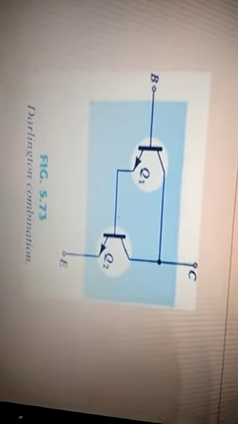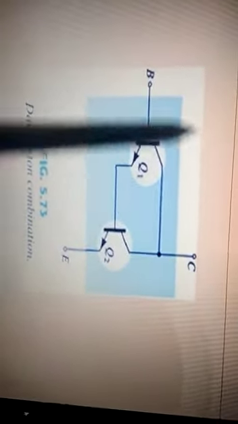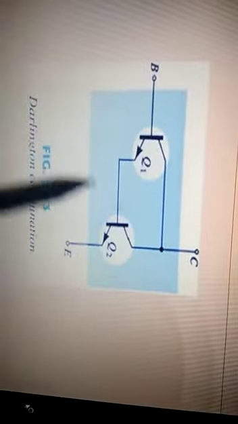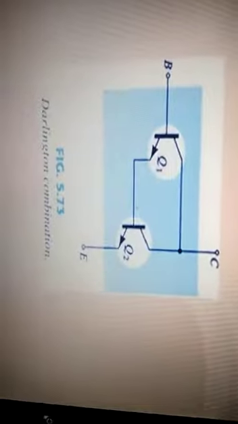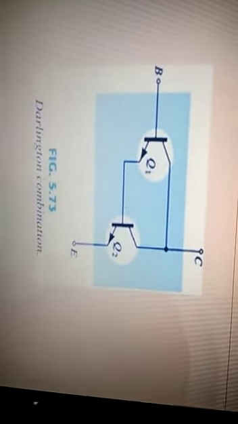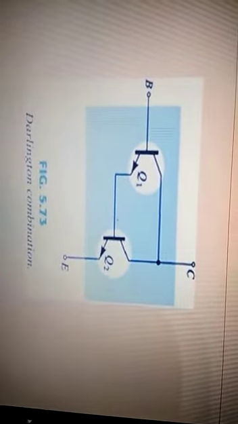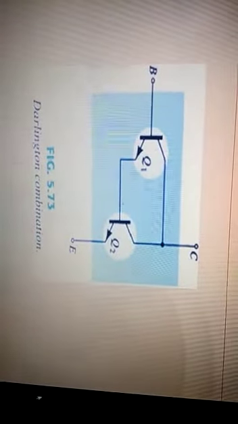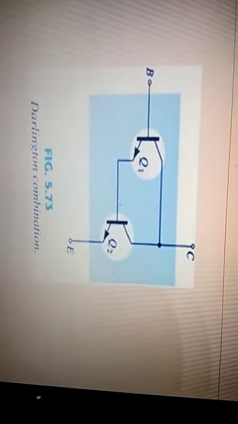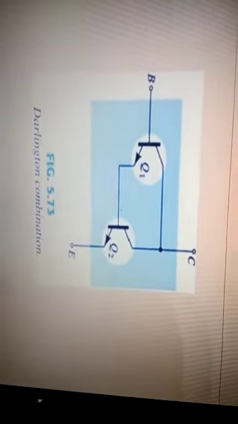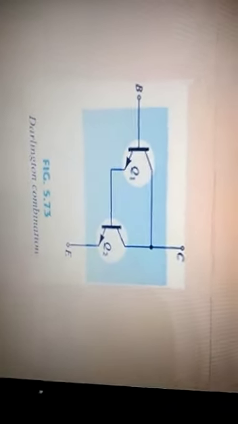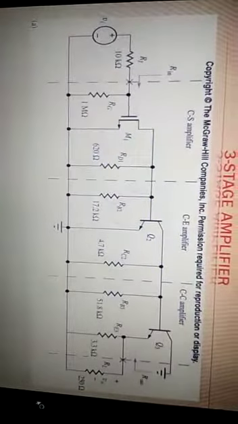This Darlington connection can be modified along with the external circuit, that is the biasing circuit of the transistor. Beta is the product of beta 1 and beta 2, and that's why this transistor has a great advantage, providing the super beta. Because two stages of transistor are required, we can also say that this is a multi-stage transistor.